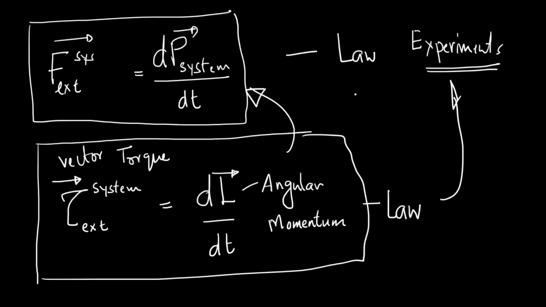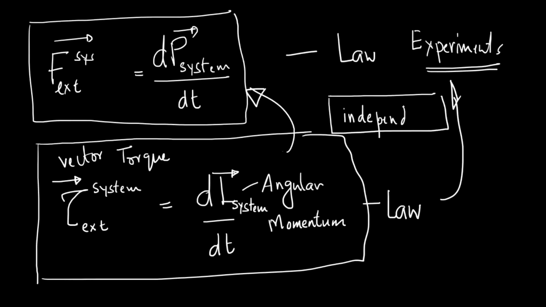But it is very important for you to realize that these two laws, the one for the angular momentum of the system and the previous one, are independent laws. This is not a consequence of that.